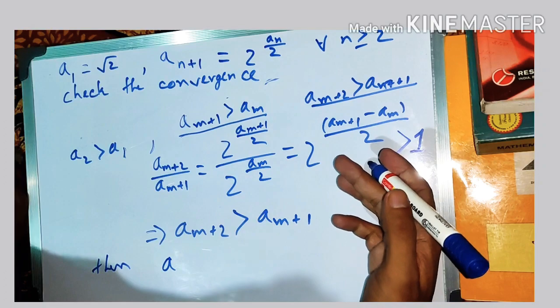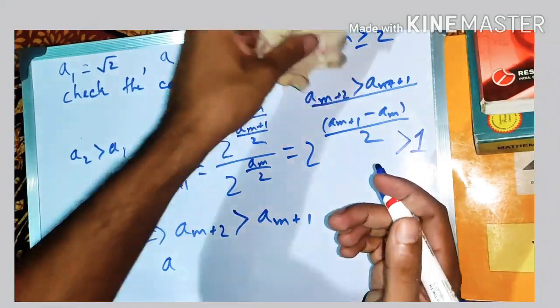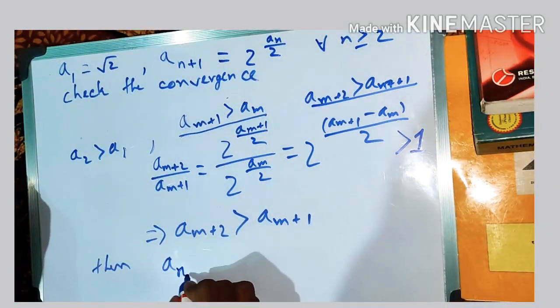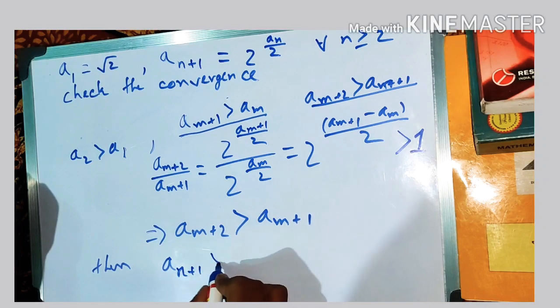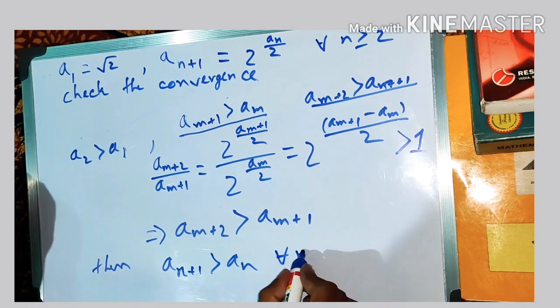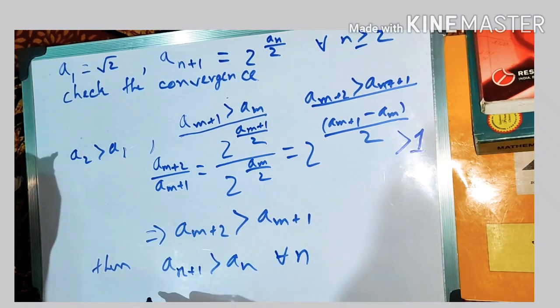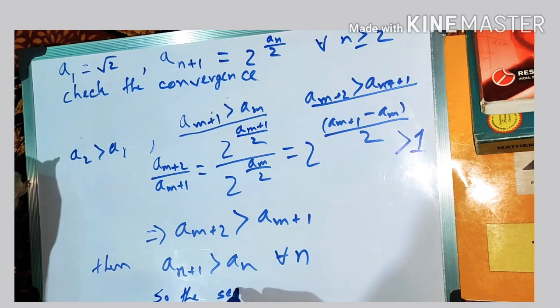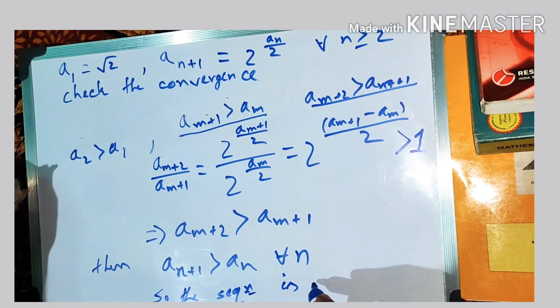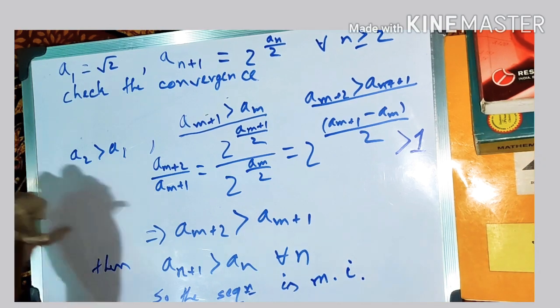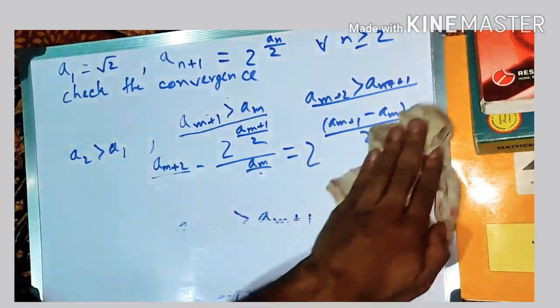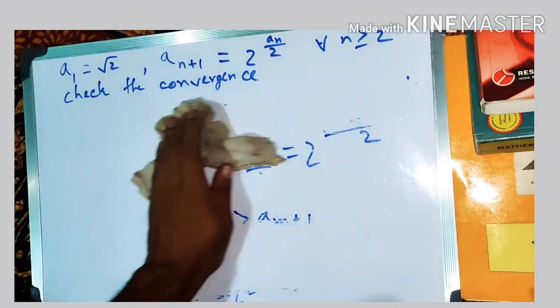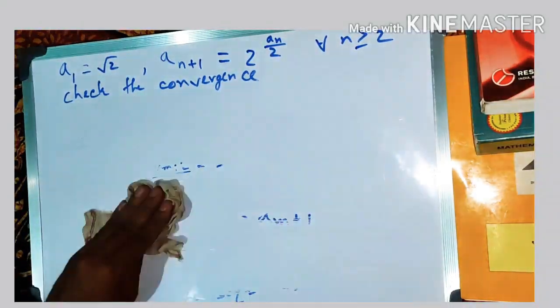Then from the principle of mathematical induction, an plus 1 is greater than an for all n. So the sequence is monotonically increasing. Now let's check if it is bounded or not.